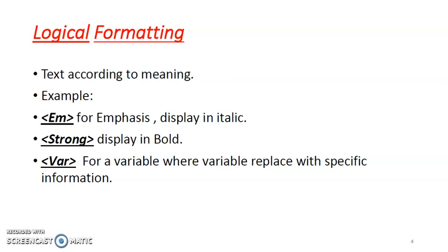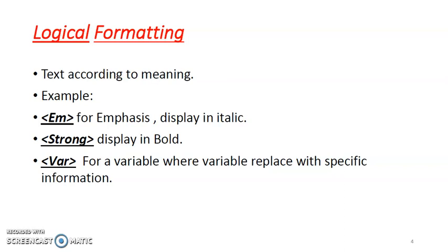Logical formatting has three entities: the first one is EM, the second one is strong, and the third one is var. EM stands for emphasis. This tag is used whenever you want text in italic format.